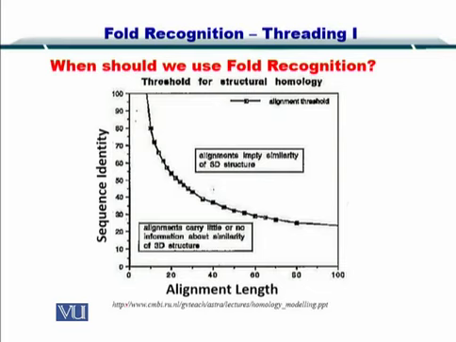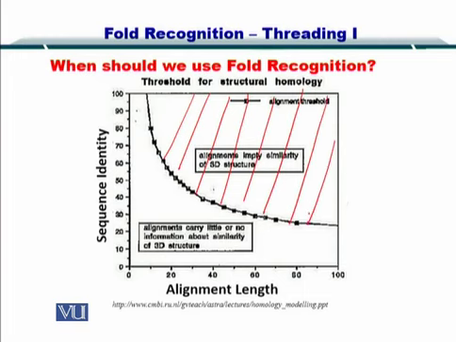So why should we use fold recognition or threading? If you remember this graph, we had two portions. One was above this line. This is the portion where homology modeling is very helpful in predicting the structure.